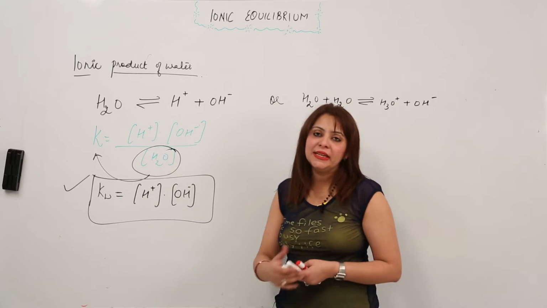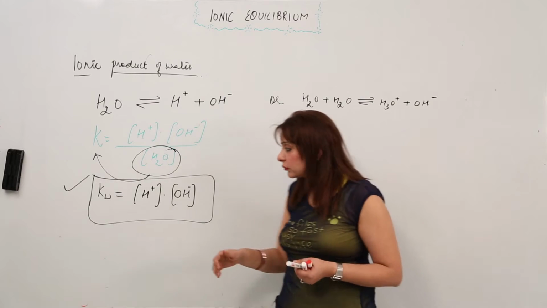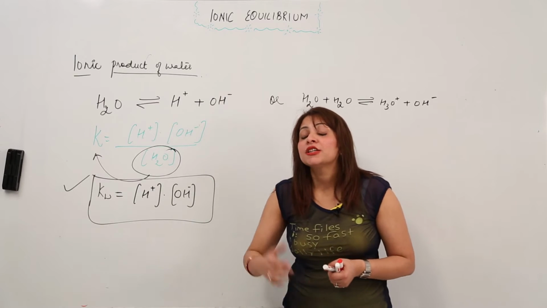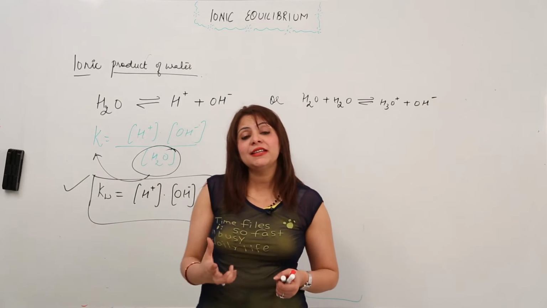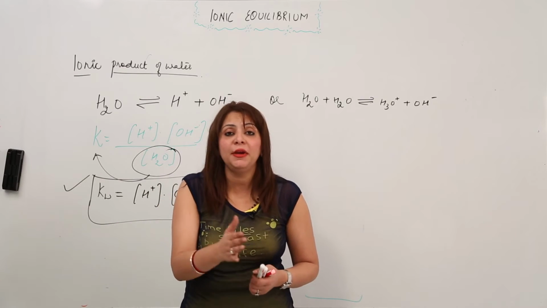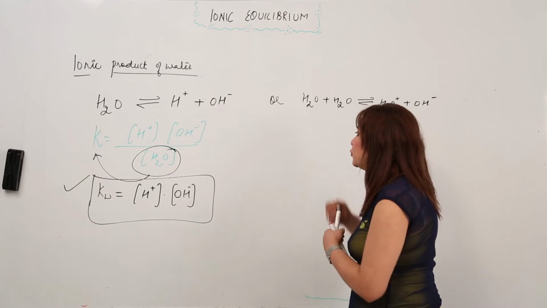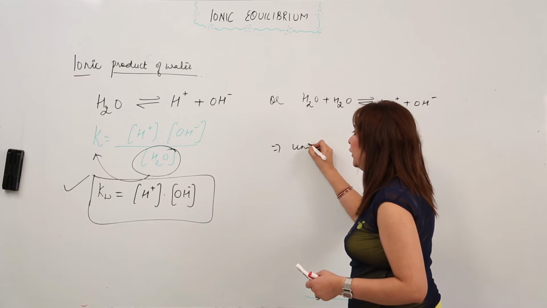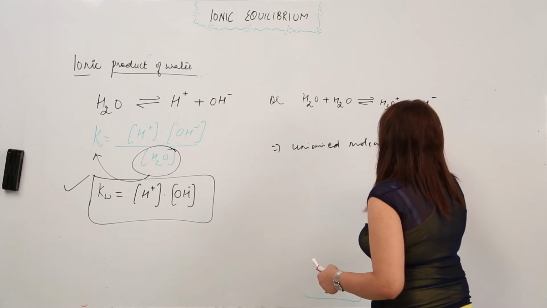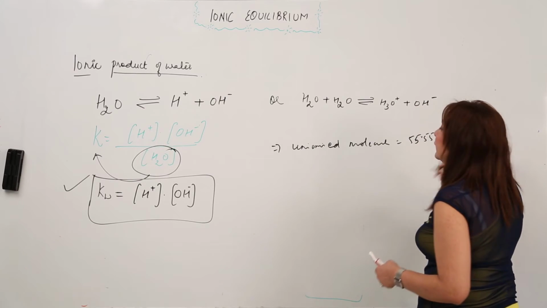Now just keep in mind these important points. As we know, water dissociates only to a very small extent, so the number of ions formed and the number of unionized molecules present remain almost constant. The unionized molecules are approximately taken to be 55.55 moles per liter.